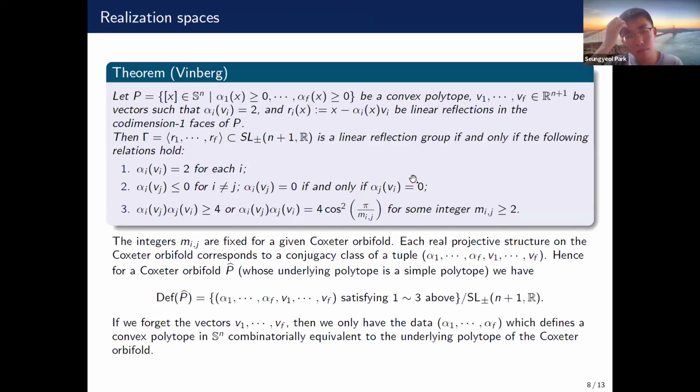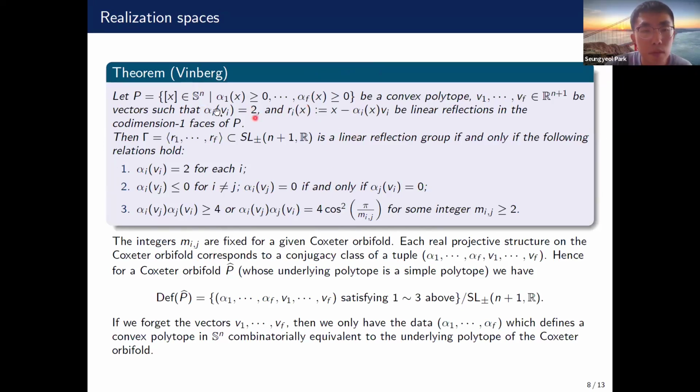All right, from now on I would like to explain a way to compute the deformation space using the notion called realization spaces. To do that, I have to recall the result of Vinberg, which characterizes the real projective structures on Coxeter orbifolds.